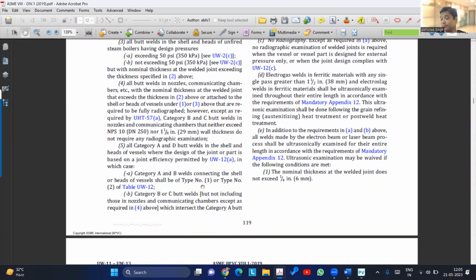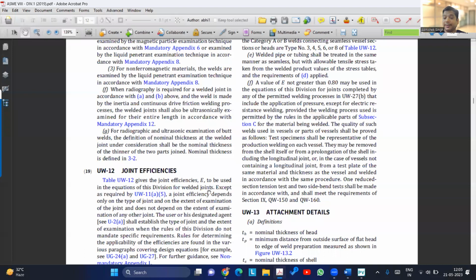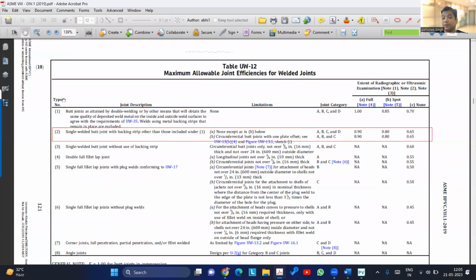If you have considered it's a type number 1 and it's butt welded, if you are taking joint efficiency as 1, then what will be your requirement of radiography? You are following a type number 1 joint, so you are taking the radiography requirement from this. That is 1. That means what radiography you have to follow?